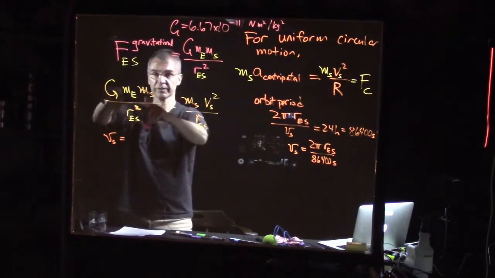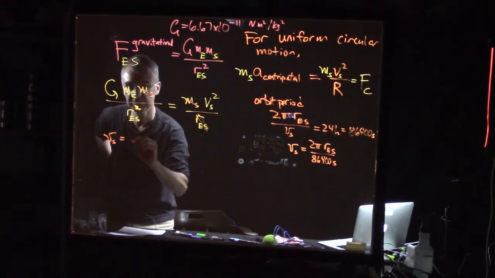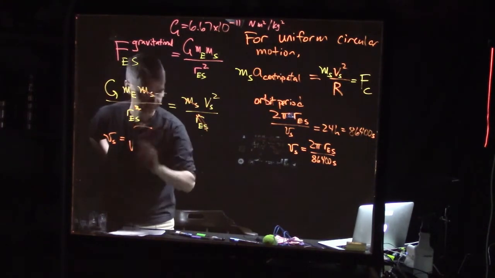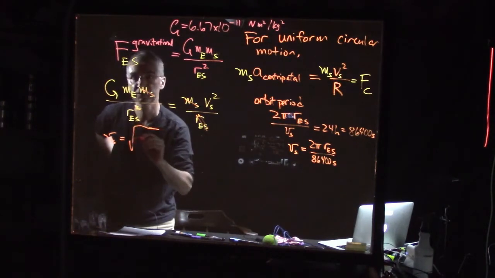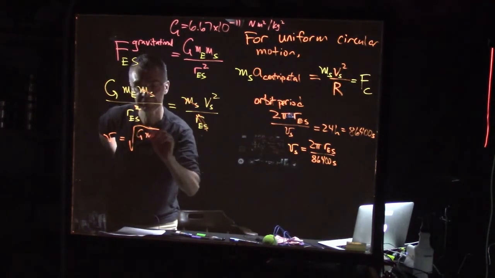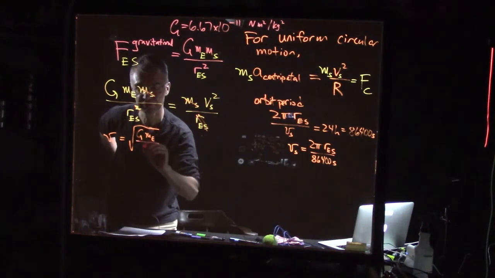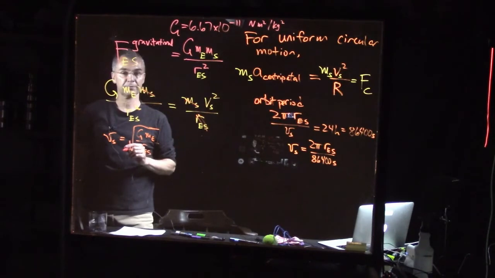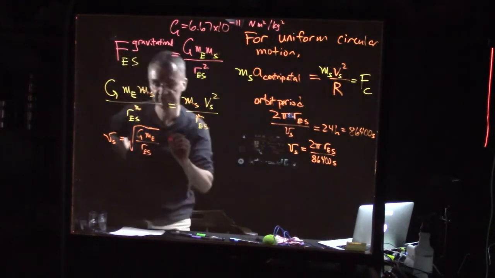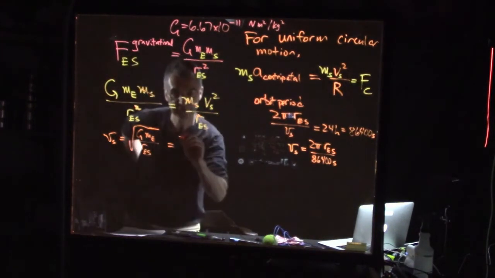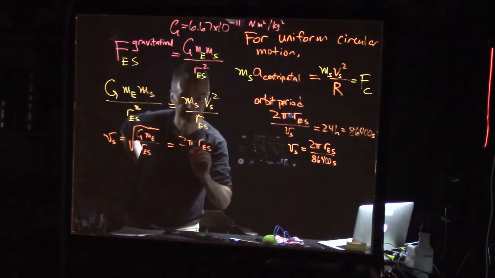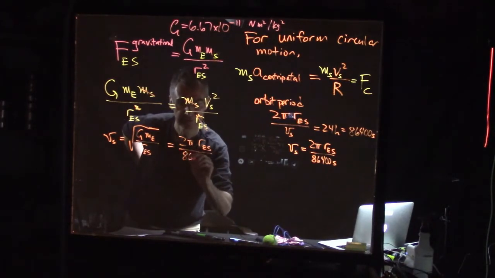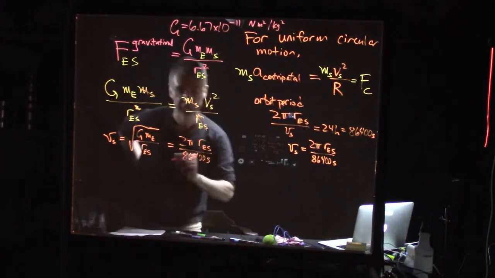We take the square roots, we get the left. So this seems to be the square root of big G times the mass of the Earth over the radius of the orbit. So that is going to be the same as 2 pi r, Earth to satellite, divided by 86400 seconds. Oh, I sure hope we do this right.